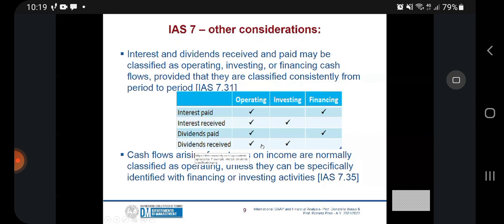The common logic behind that is that whatever investment you are making, whatever financing you are deciding to make, that is not for the sake of investment and financing itself, but it's for the sake of the operating business. Your primary reason to exist as a company is the operating activity.